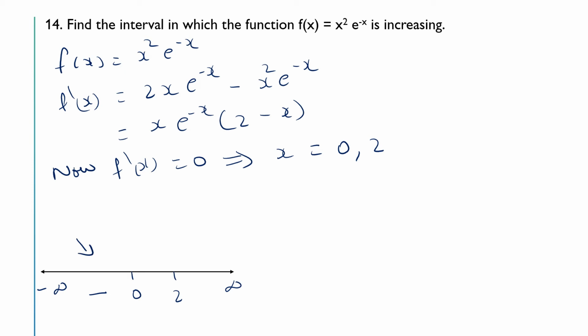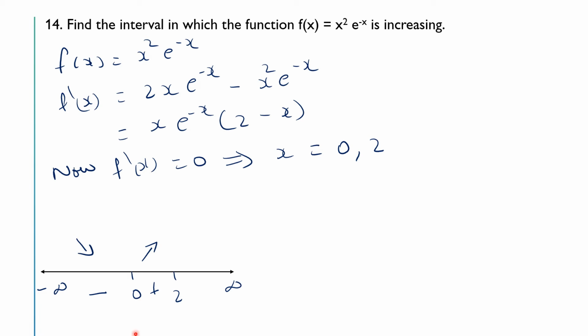the nature of function f is strictly decreasing. Now in the interval 0 to 2, if we substitute say a point 1 and check, if we substitute x as 1, we get f dash of x as positive. So the function f is increasing. In this interval, the sign of f dash of x is positive, which means f is increasing.